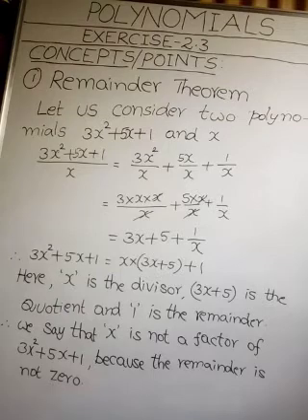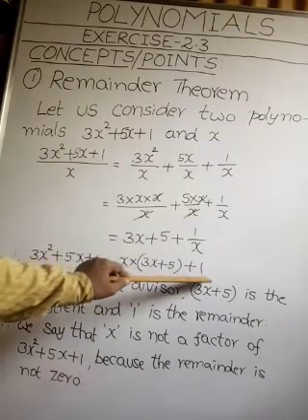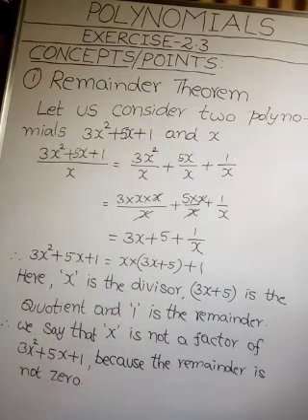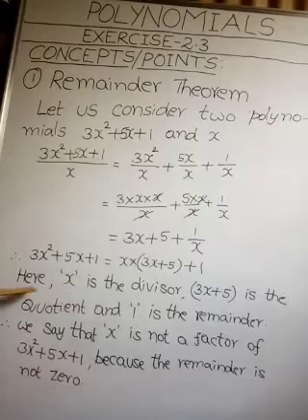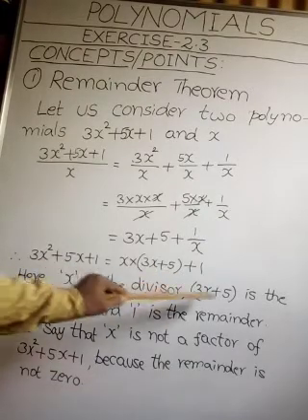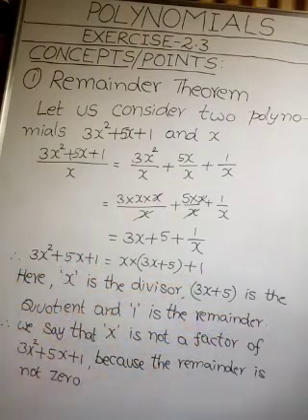Understood this step, my dear children? Right. So here this is the dividend, this is the divisor, this is the quotient, and this is called the remainder. Is it clear, my dear children? Right. So here x is the divisor, and 3x plus 5 is the quotient, and 1 is called here the remainder.